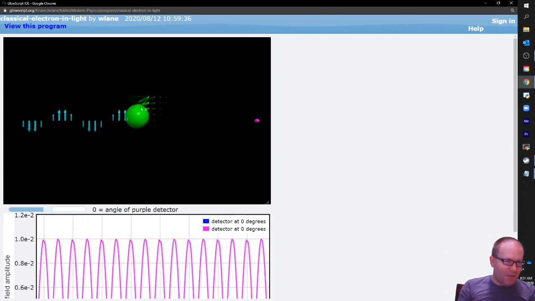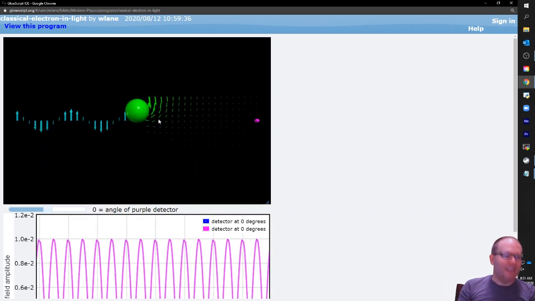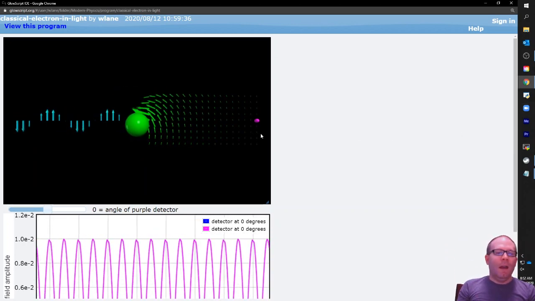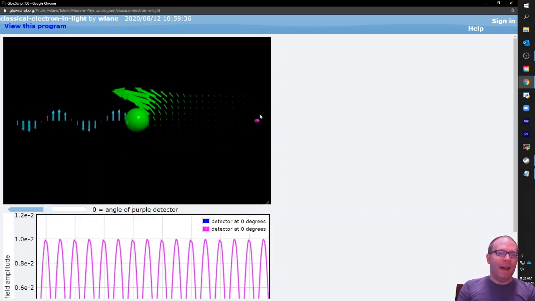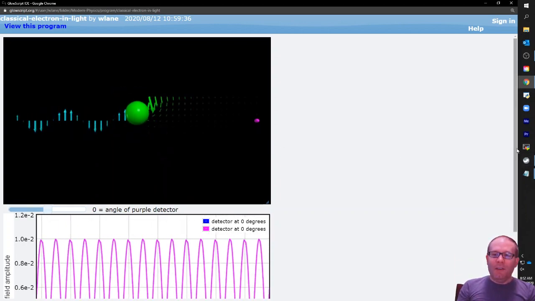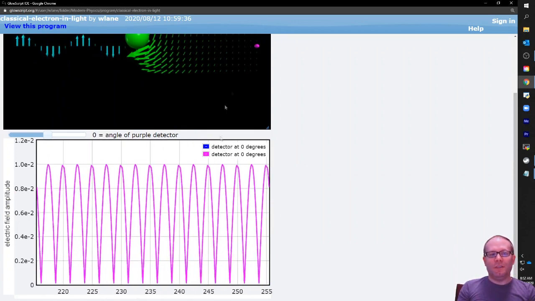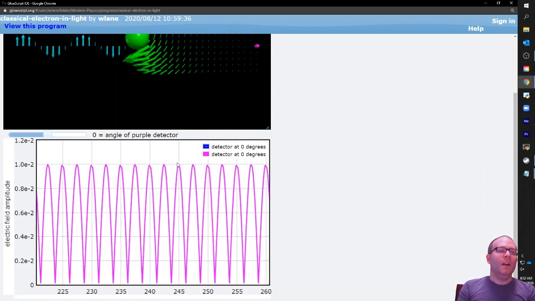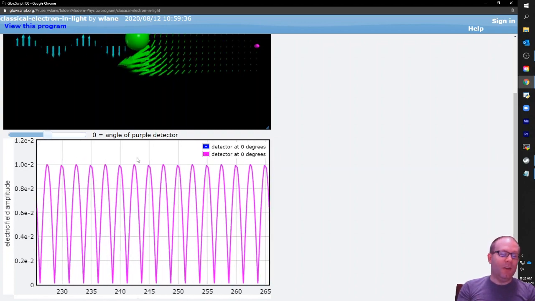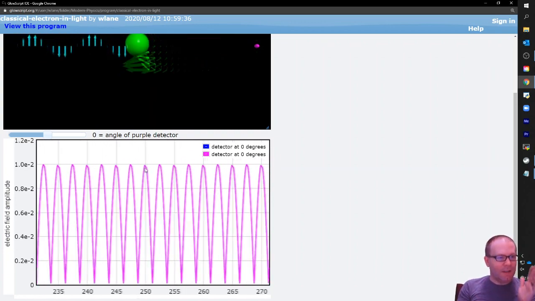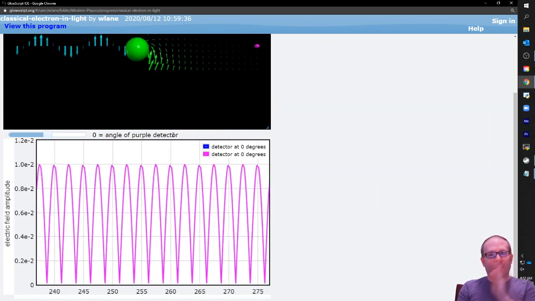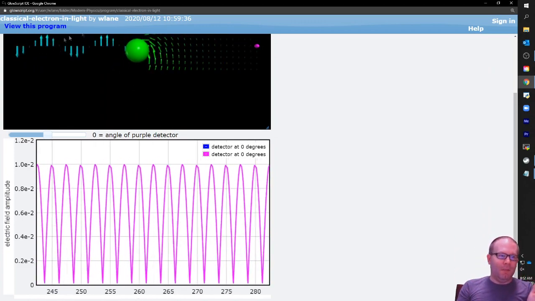It's oscillating both in direction and in amplitude, which is pretty cool. If you place a detector here at the purple dot, you get this radiation pattern. This is what the electromagnetic radiation is going to look like a little bit far away from the electron. If you look closely, it's oscillating with the same frequency as the incoming light.